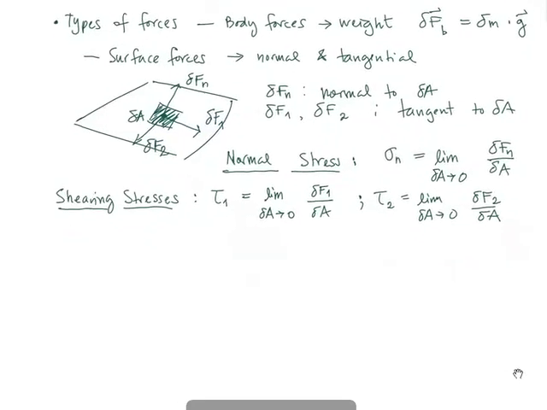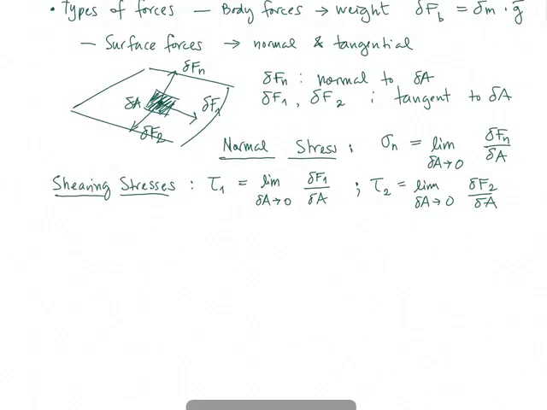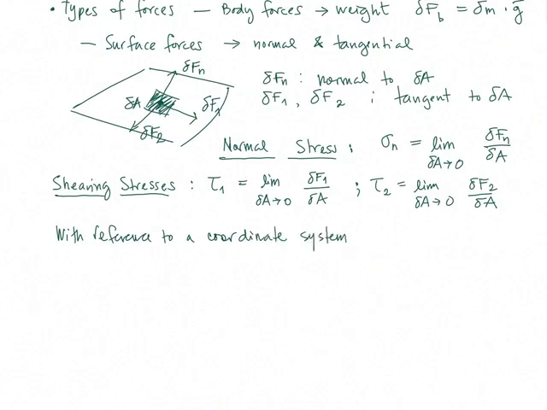Now, normally we will want to write these stresses with reference to a coordinate system. So to write this with reference to a coordinate system, let's imagine a box here.